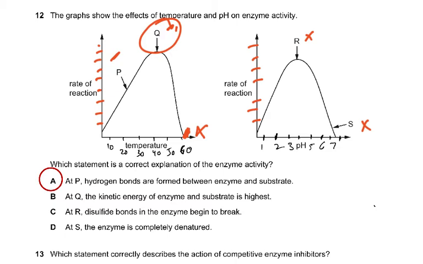Why? Disulfide is a tough bond. It doesn't break very easily. At S, the enzyme is completely denatured. No, it's not completely denatured. At S, it's still continuing its effect till the last bit here. So you have to understand what they're asking, read the graph very carefully, and interpret the graph very carefully.